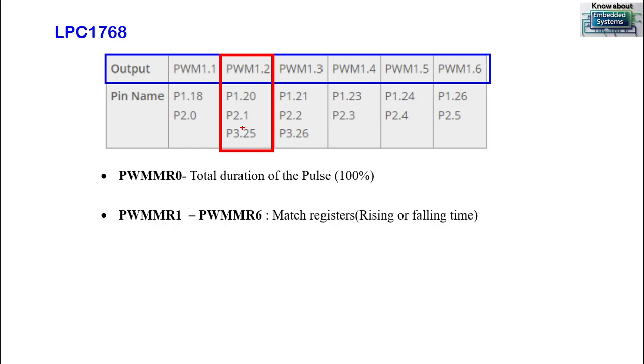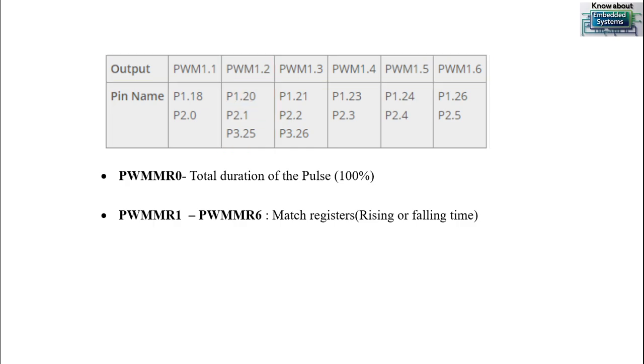Any port pin you can select, but I'll be selecting P1.20. So I'll be developing code for pulse width modulation, and that PWM output is designed on P1.20. This is the fundamental thing before going to the programming.